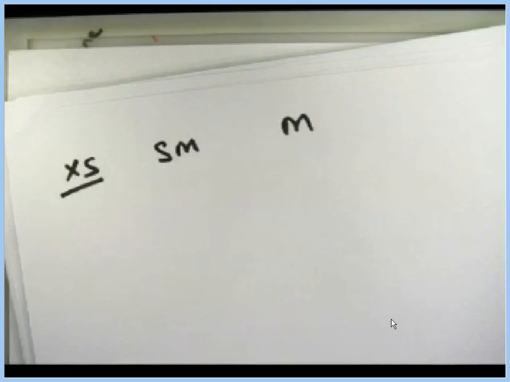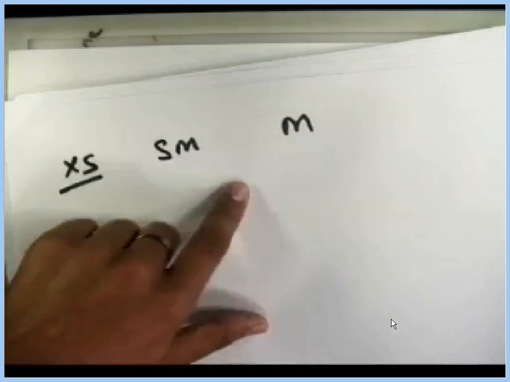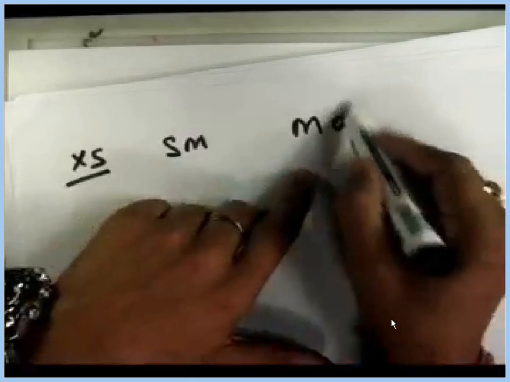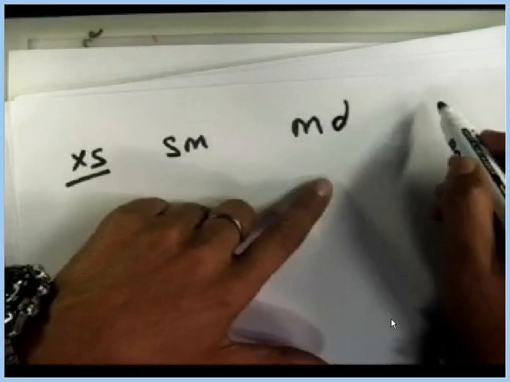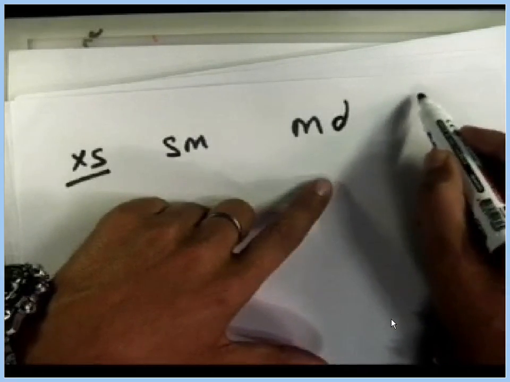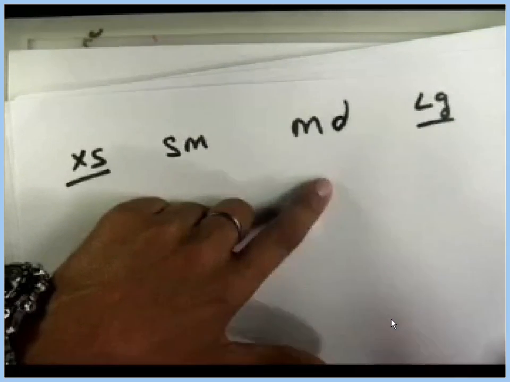These are the names of the classes which we use. I have an XS class, an SM class, an MD class that is for the medium, and then an LG class that is for the large screen.